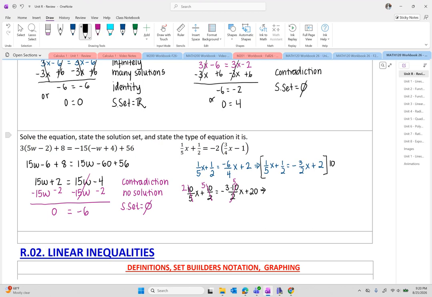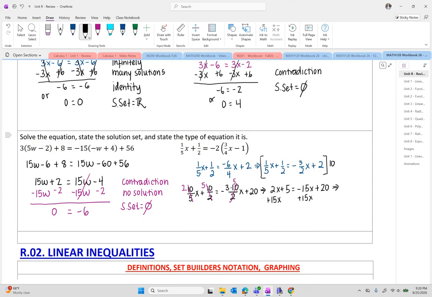That equation is 2x plus 5 equals negative 15x plus 20. I will move the x to the left side, so I'm going to add 15x on both sides.